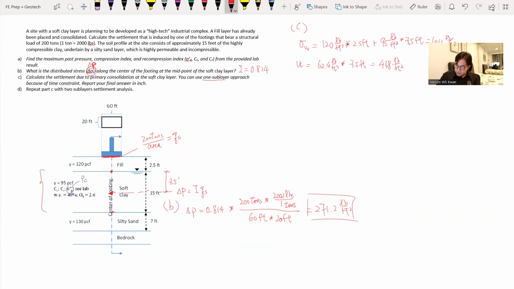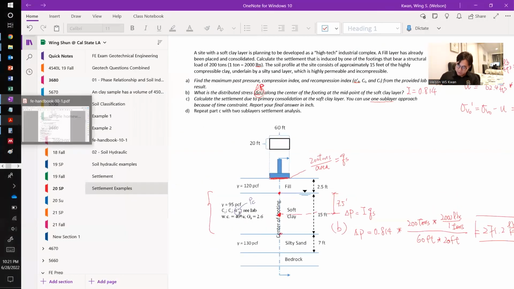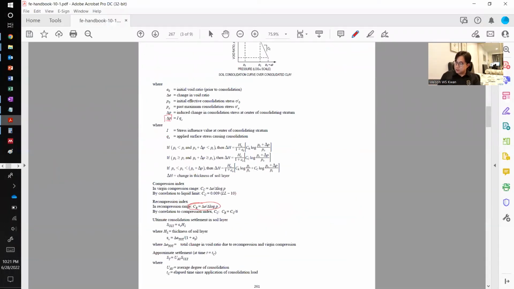And we can find the effective stress, which equals the total stress minus the pore pressure, which we should get at 544.5 pounds per square foot. Again, with the notation in our FE manual, this is our initial stress, P naught.